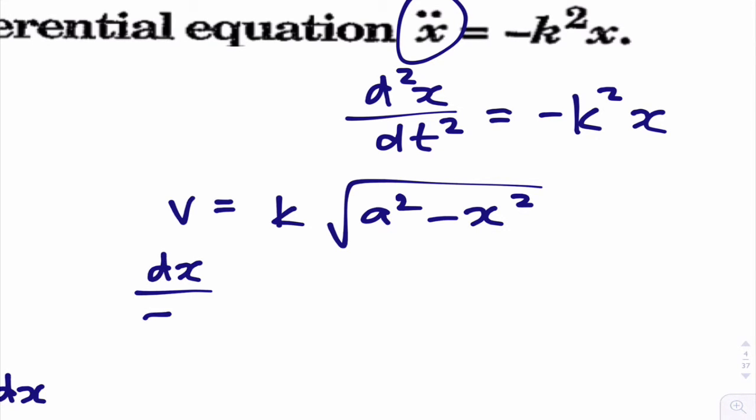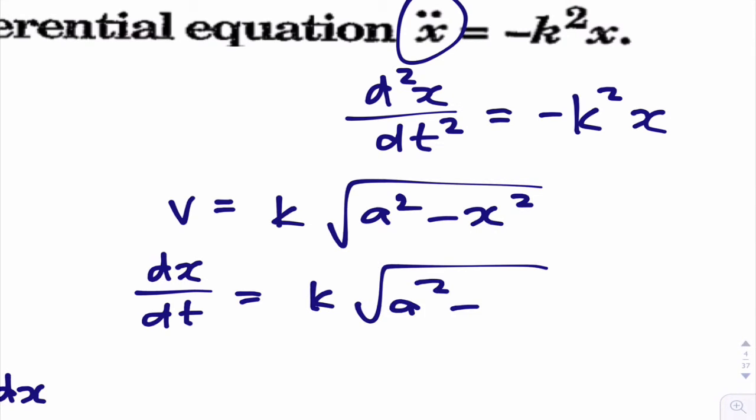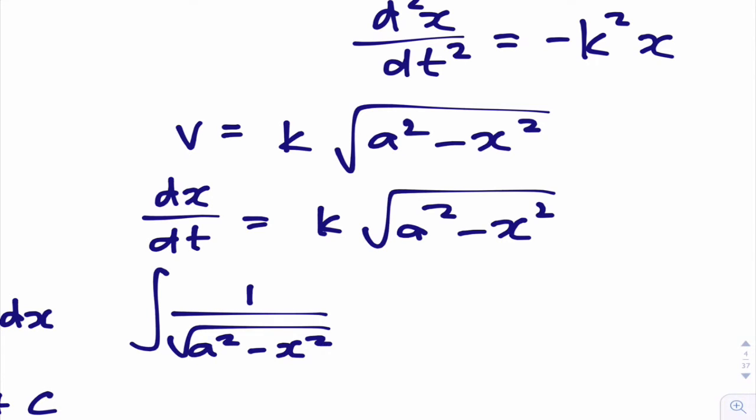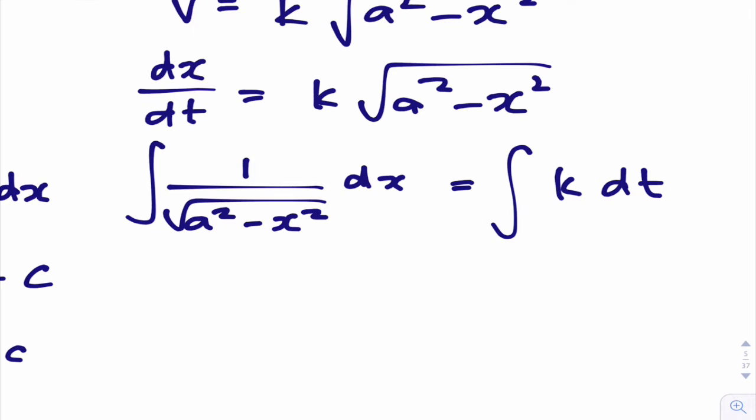So v, the velocity, is just the rate of change of the displacement. This is an integral where we need a bit of substitution to help us. First, let's separate the variables: 1 over root of A squared minus x squared dx, and over here we've got k dt.